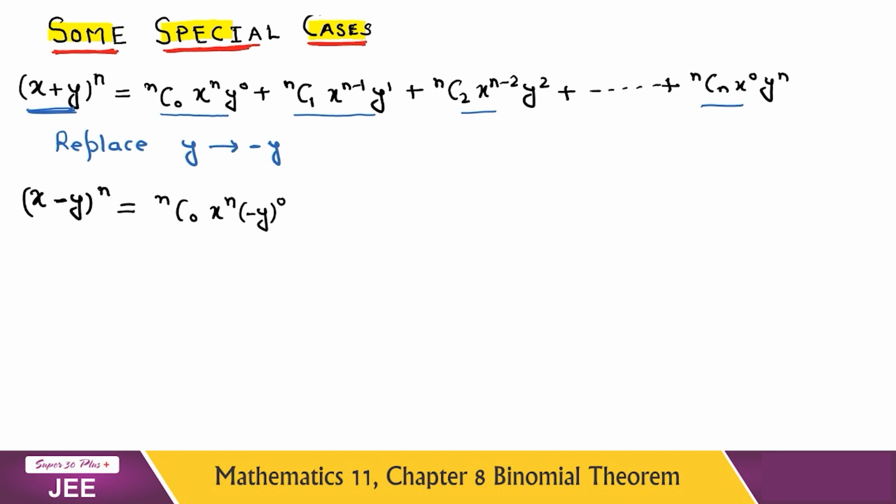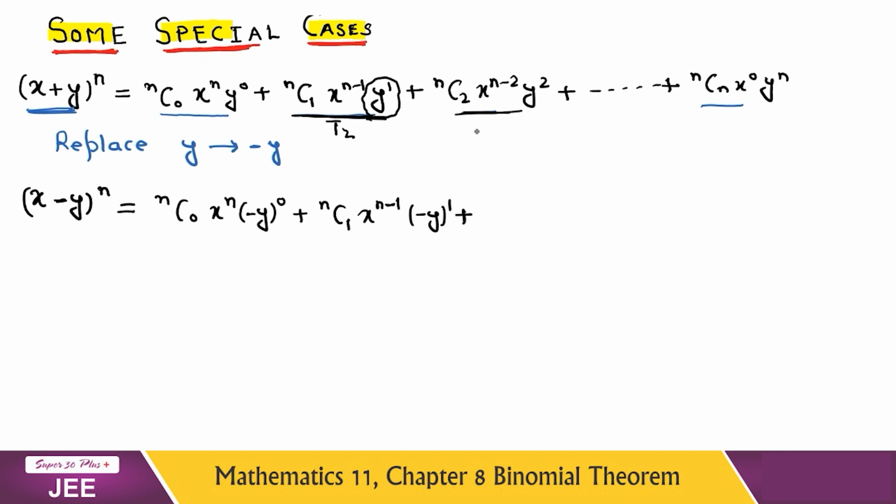So nothing is affected in the first term, because minus y raised to the power 0 or y raised to the power 0 is going to give you the same quantity, that is 1. But what happens in the next term? In the next term, that is term number 2, t2, we will write nC1 x raised to the power n minus 1, and when y is replaced with minus y, this becomes minus y raised to the power 1.